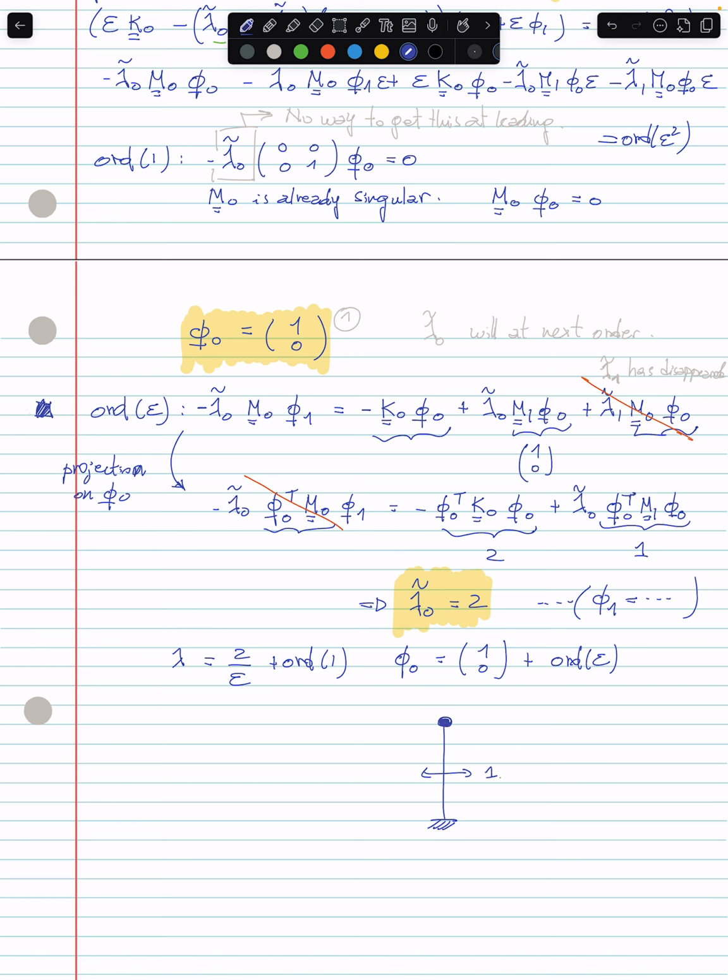Because of a large mass, which is 1 plus epsilon over there, and a small mass over here, what we observe is a mode where the mass here does not move, and only the mass in the middle moves.